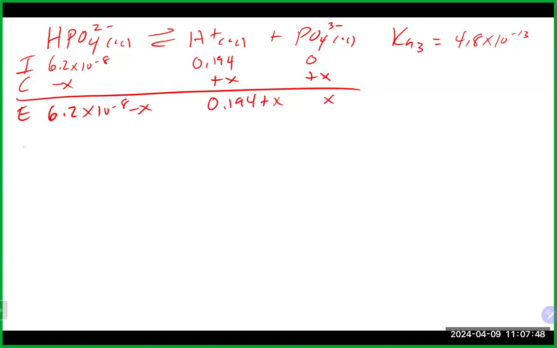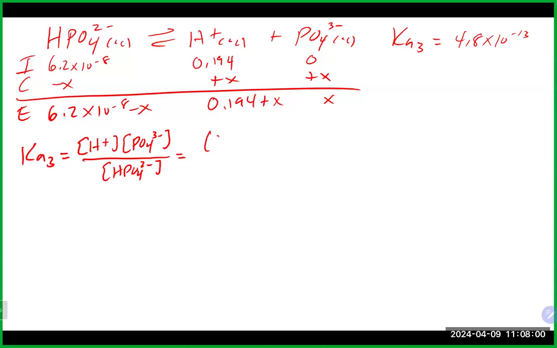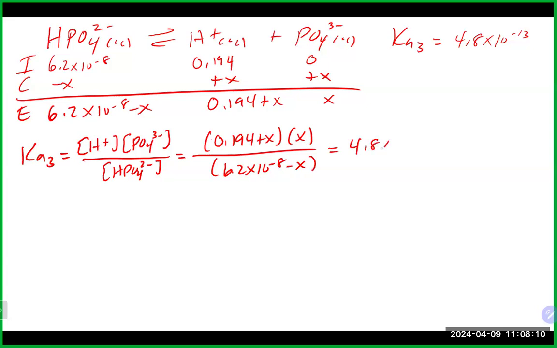This is going to go into our Ka3 expression of our products over our reactants. And that's going to give us 0.194 plus X times X divided by 6.2 times 10 to the minus 8 minus X equals 4.8 times 10 to the minus 13. I'm on a roll, so why not continue to assume that X is equal to 0 here?